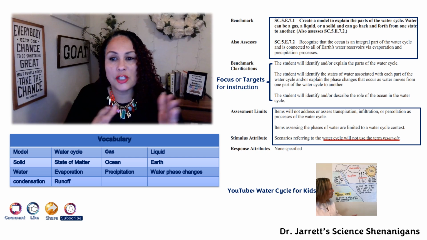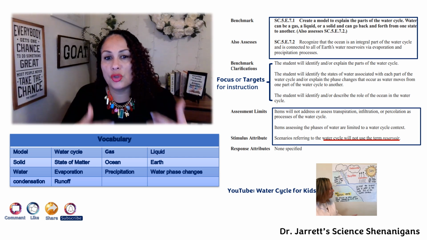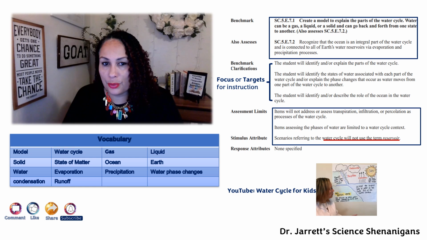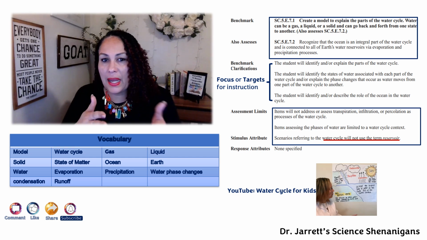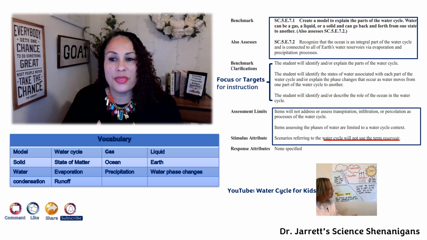However, please make sure you're looking at what's in that textbook and what the students are being asked to do. Now, it says to create a model to explain the parts of the water cycles. They're not going to be asked to actually create this model on their state test.